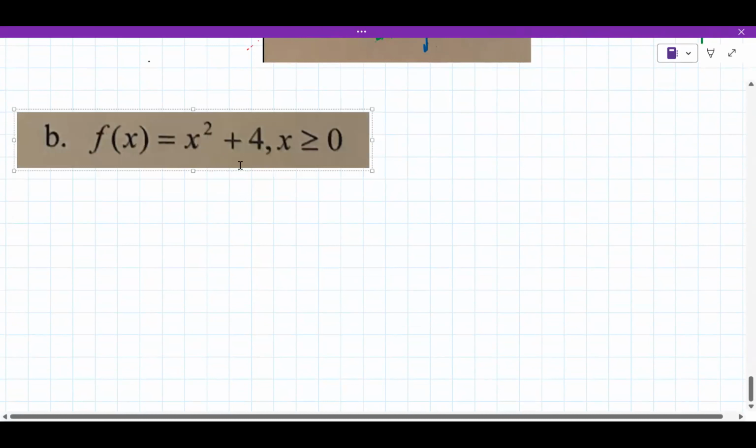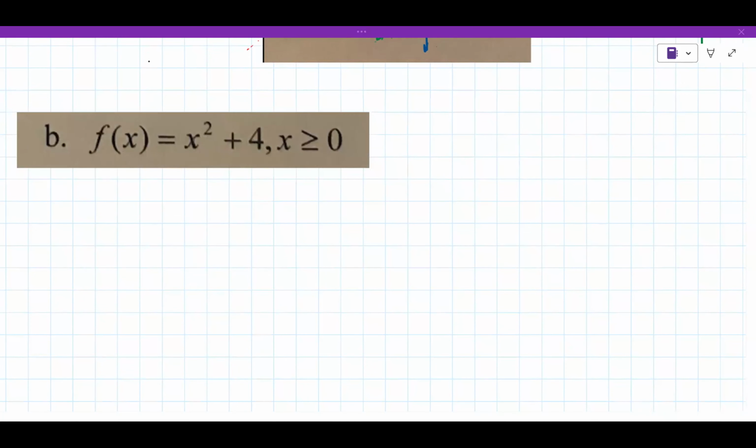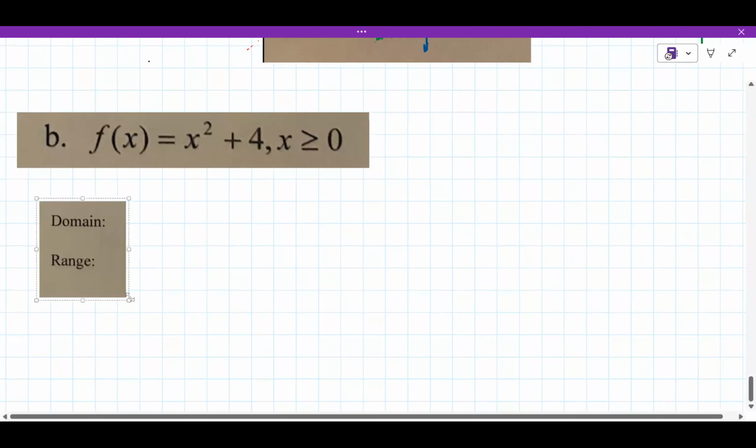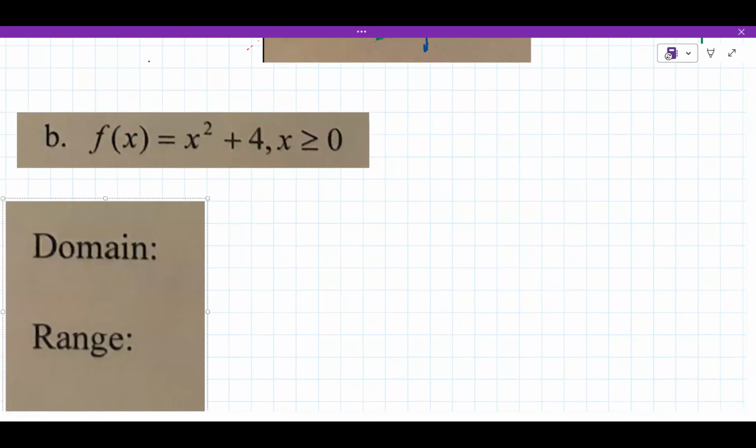Right. So the next one here, part B, x squared plus 4, x greater than or equal to 0, domain and range. So I just need to make a few snips to get this figured out here.